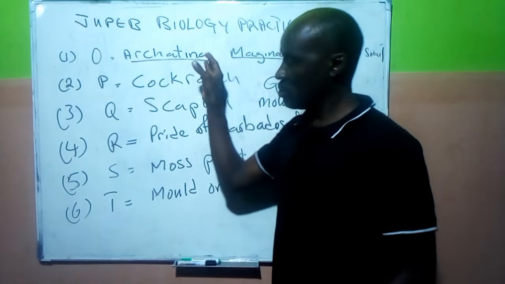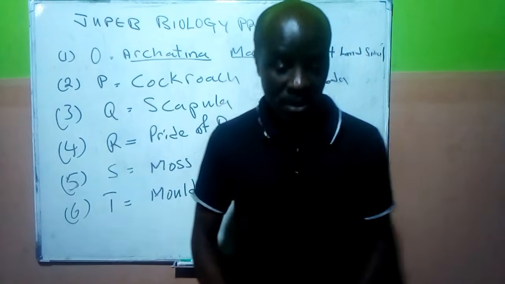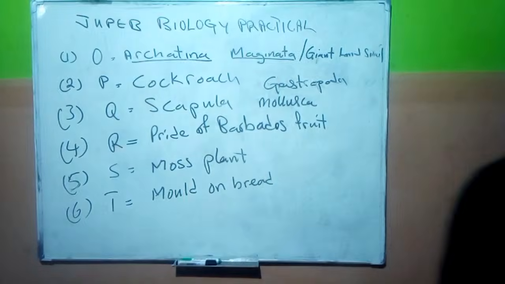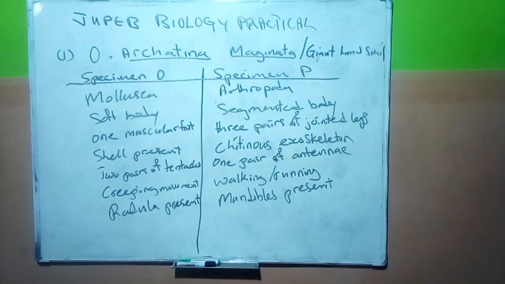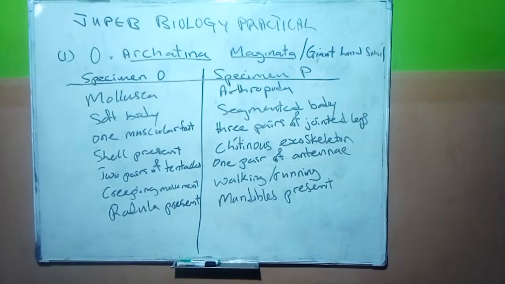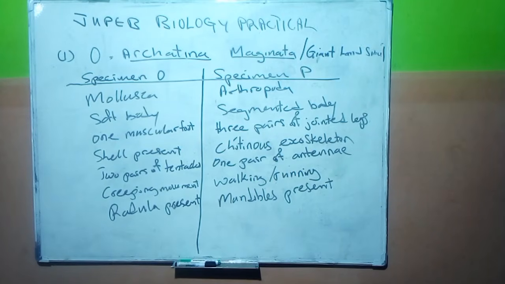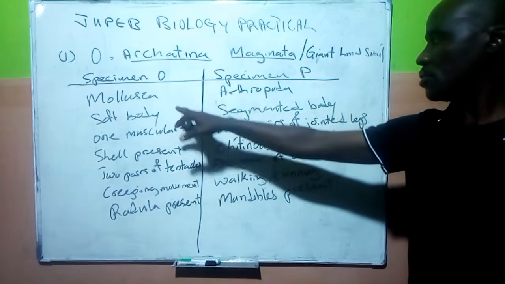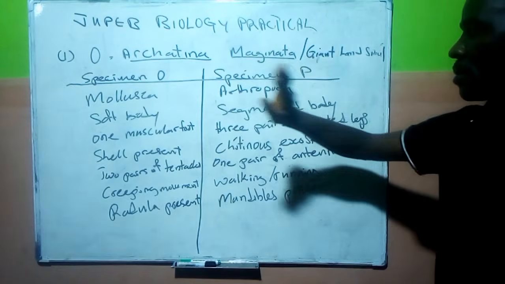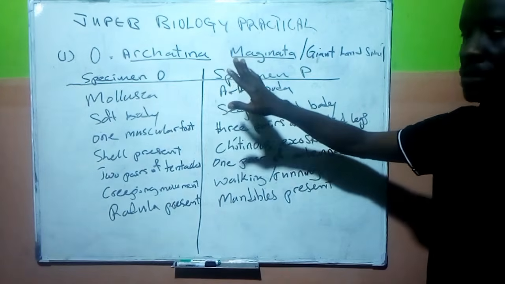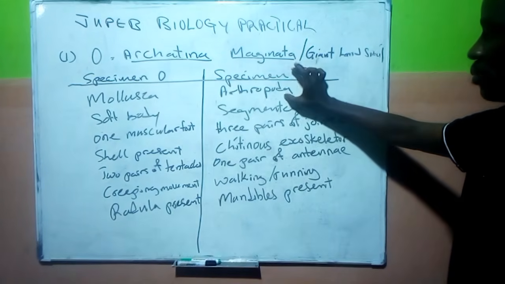I think I will give you a table of this so that it will be helpful. These are some of the differences. You have the phylum: Mollusca, and this one is Arthropoda.